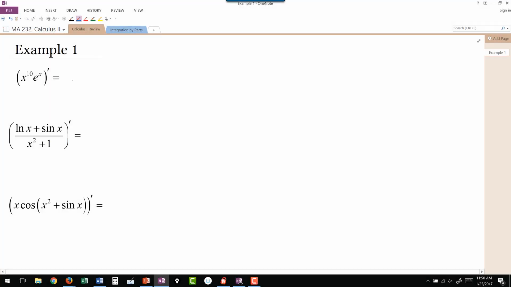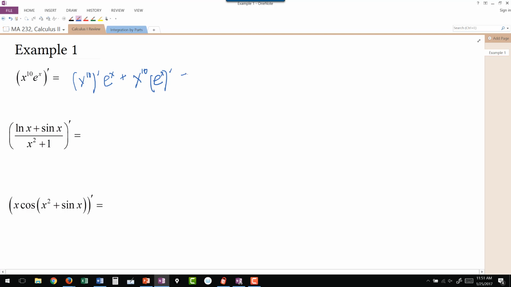Our first example is an application of the product rule. We have to find the derivative of x to the 10th times e to the x. So the product rule tells us that derivative will be the derivative of the first, so the derivative of x to the 10th times the second, which is e to the x, plus the first, x to the 10th, times the derivative of the second.